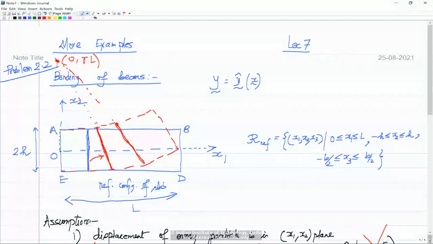Just think simply what is happening to the body when the line remains a line. If you think of this cross section, take a cross section.